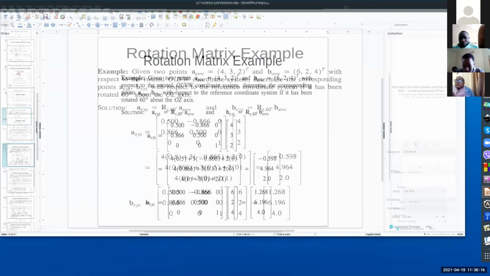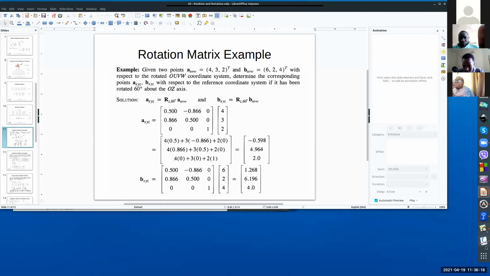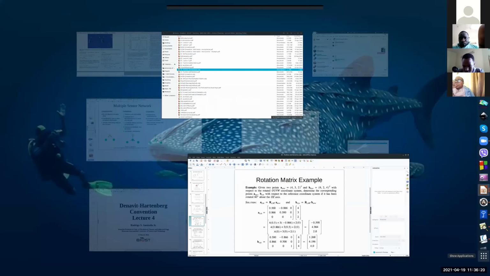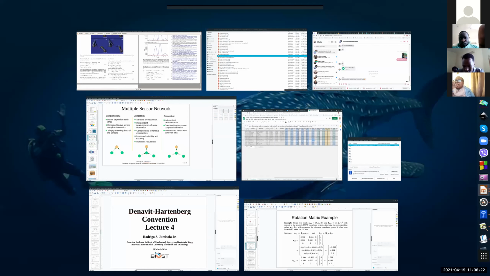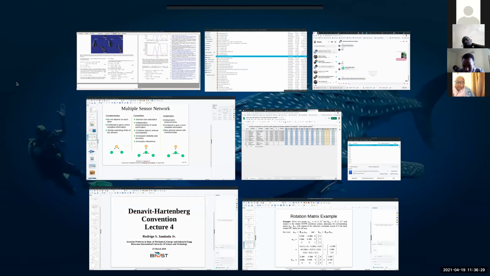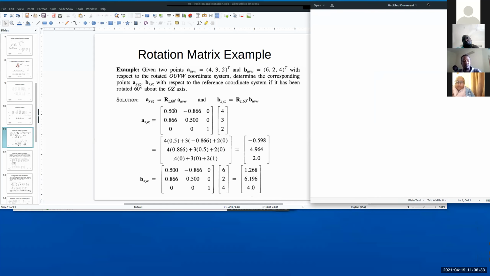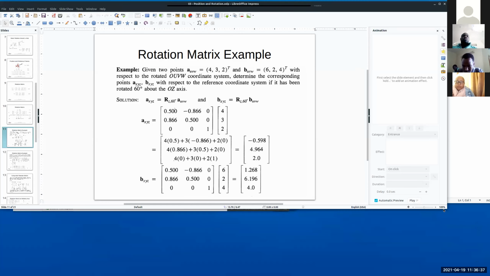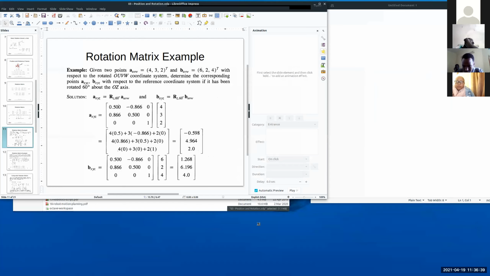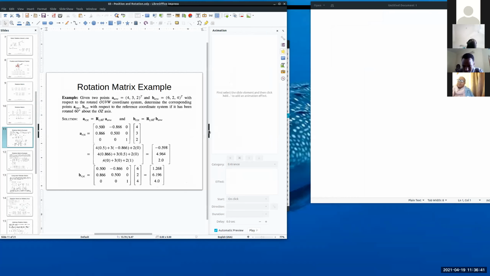I want to have just the white. Okay, let's have it so you can see it properly. Make this one smaller.